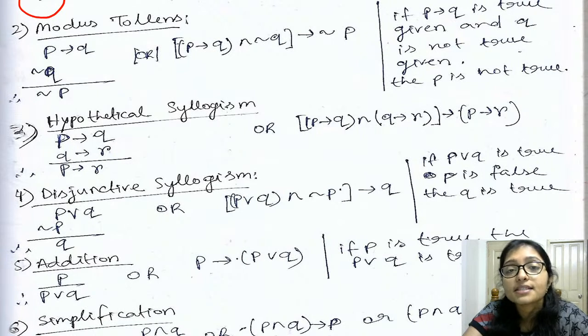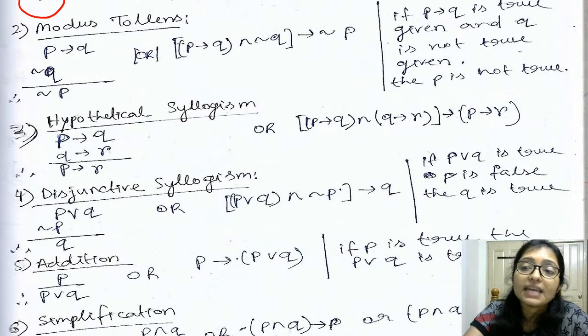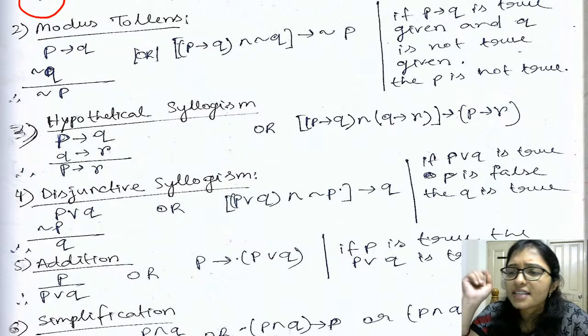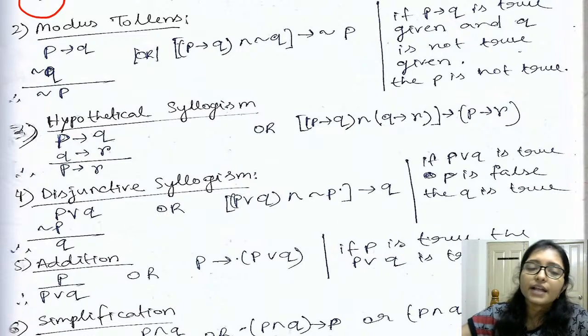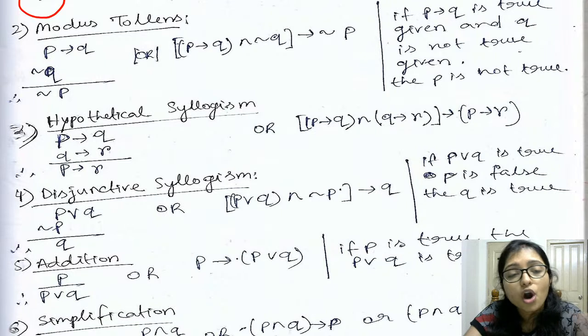When P implies Q is there and Q implies R is there, then P implies R. Yesterday someone was asking about hypothetical syllogism. I think he is not there. And disjunctive syllogism, all of which we learned yesterday, the names.